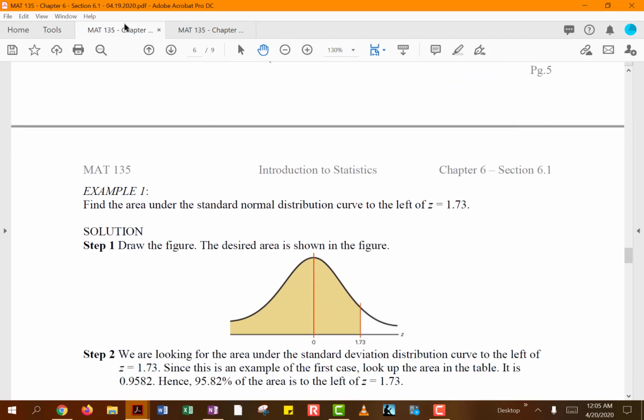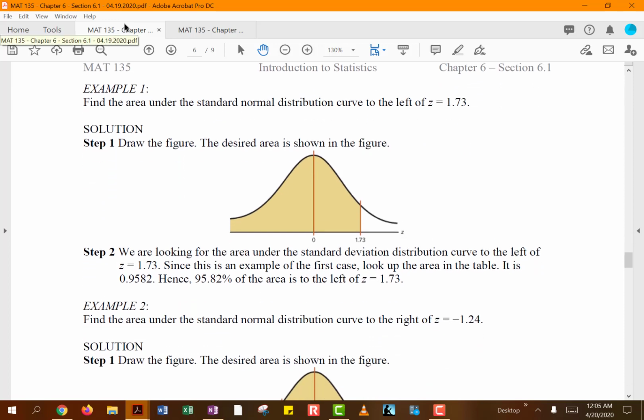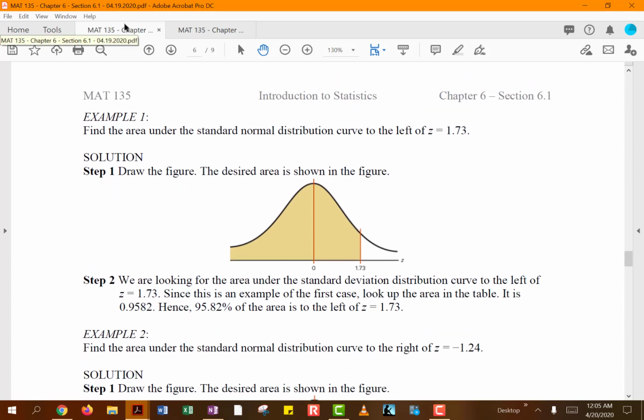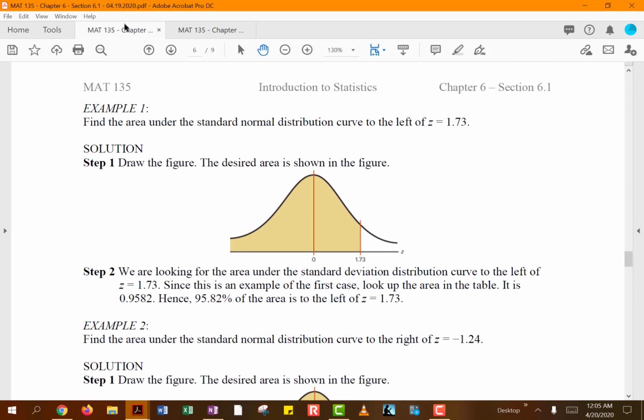Okay? So before we get into probabilities, let's talk about just being comfortable with doing these three different types of calculations with our normal distribution table over here. Okay? So they are saying find the area under the standard normal distribution curve to the left of the z-score of 1.73.